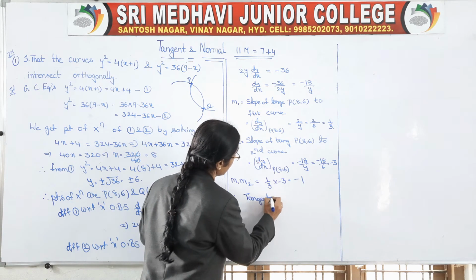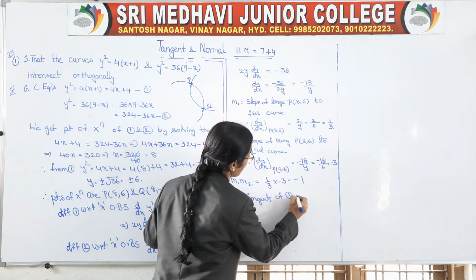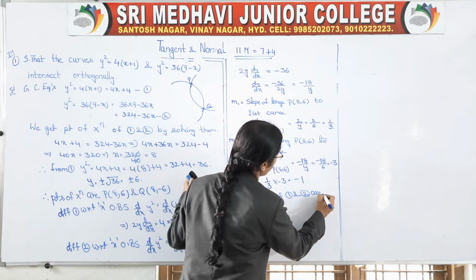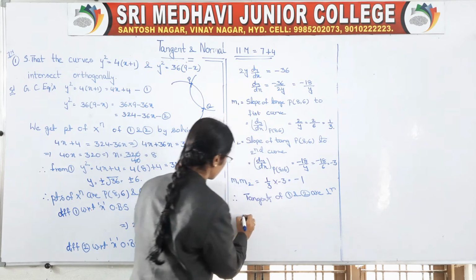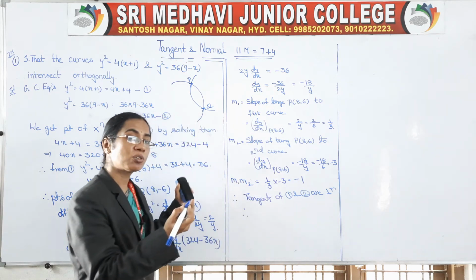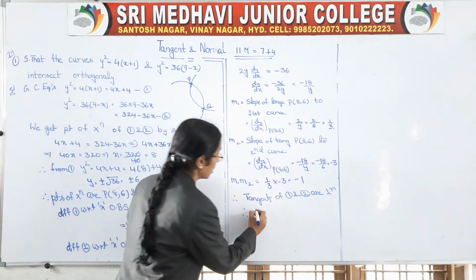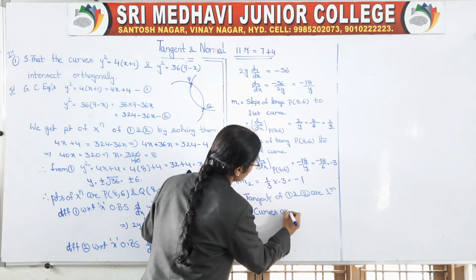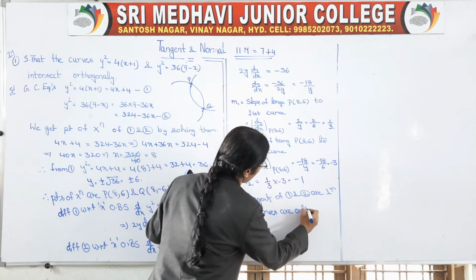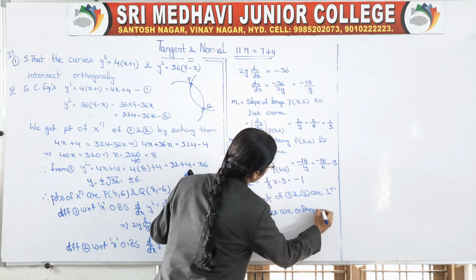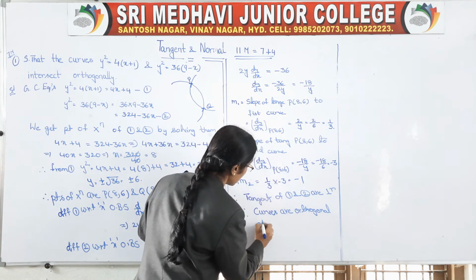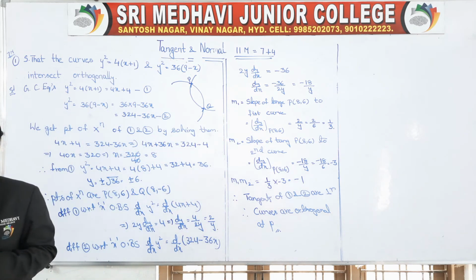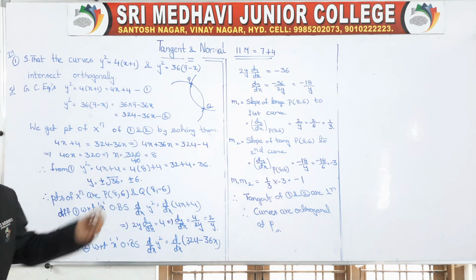Tangents of the 1 and 2 curves are perpendicular. Therefore, the curves are orthogonal to each other, orthogonal at P. Okay, now you find out what is the angle at Q.